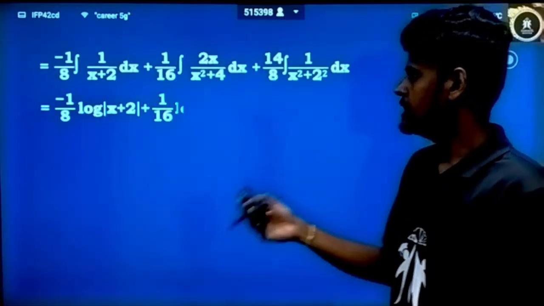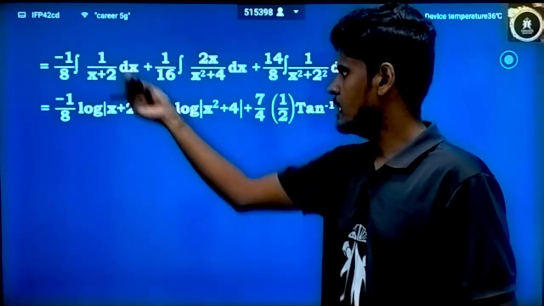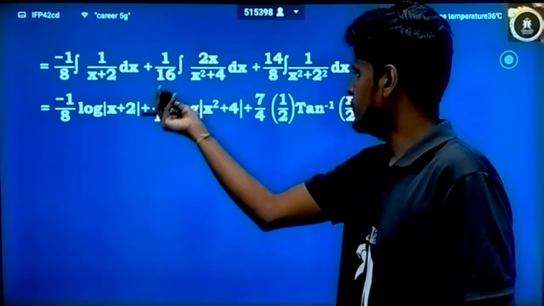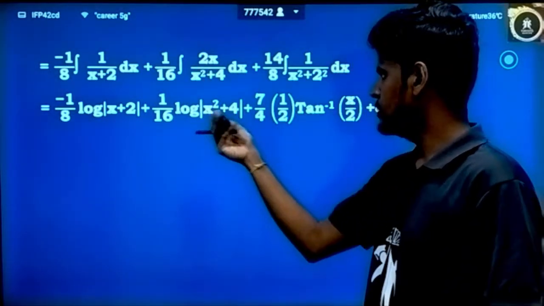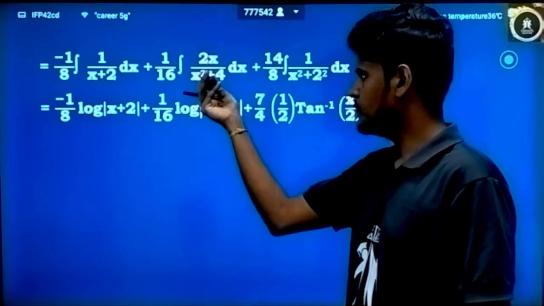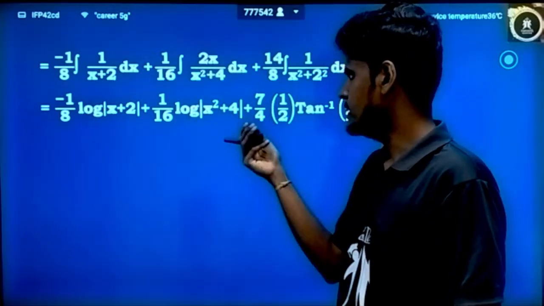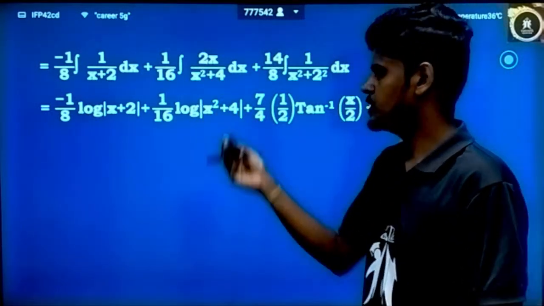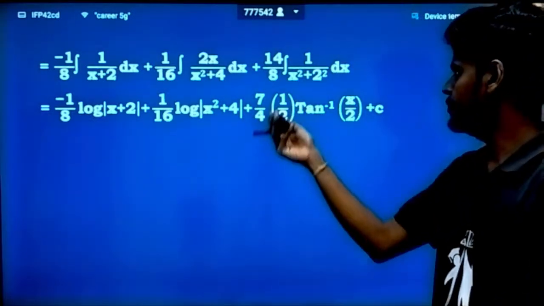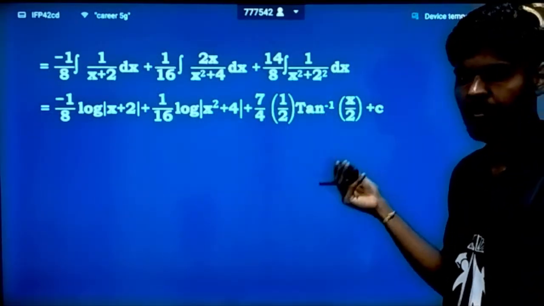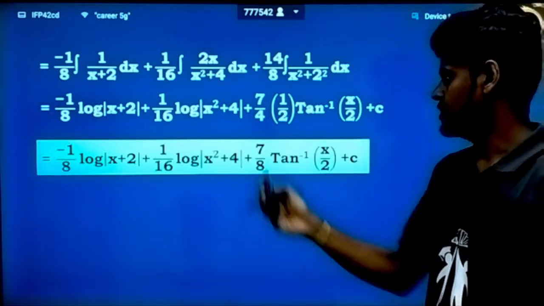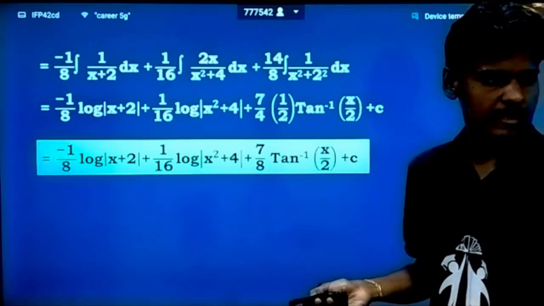So what is the answer? Minus 1 by 8 log of this value plus 1 by 16 into 2x, which is the differentiation of x square plus 4. So answer will be dt by t form, so answer is log t, that is log of x square plus 4, plus 7 by 4 into 1 by 2 into tan inverse x by a, that is x by 2. So simplify and write the final answer.